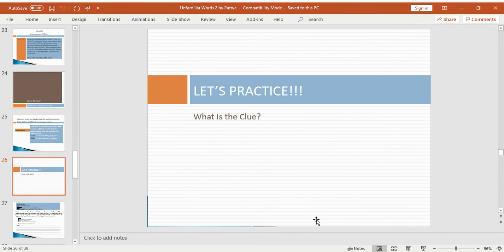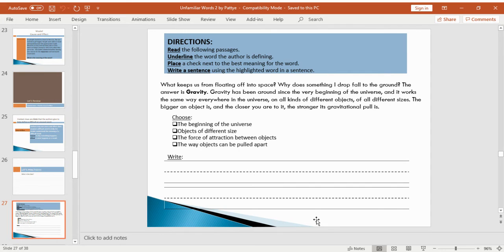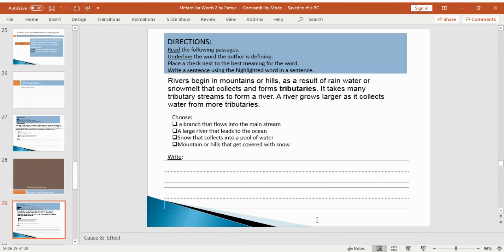Let's practice. You are going to be given the opportunity to look at 3 short examples where you can find the answers to specific words below. Please read these unfamiliar passages and words to yourself and choose the correct choice and use them in a sentence.